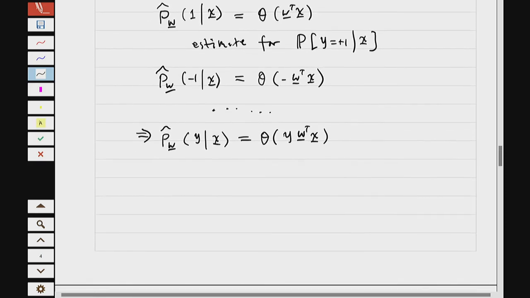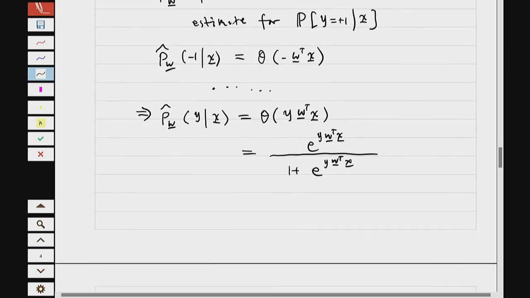So let's write out one more step, actually two more steps. This is equal to e^(y w transpose x) over 1 plus e^(y w transpose x), of course, just to make sure that y is -1 or +1. Otherwise, it would not work.